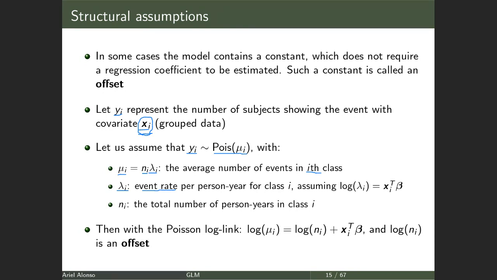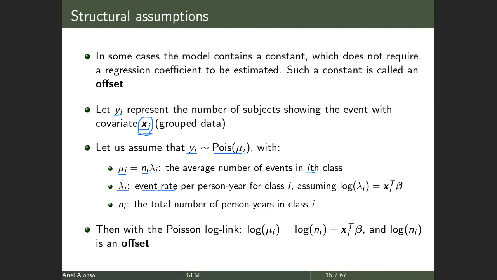And sometimes you want to model the rate, not the mean. For instance, when we were studying this skin cancer problem, there were a number of skin cancers in different cities and different age groups, but the number of people in each category was different. So 2 cases in 1,000 is not the same as 2 cases in 1,000,000. So you want to model the rate.